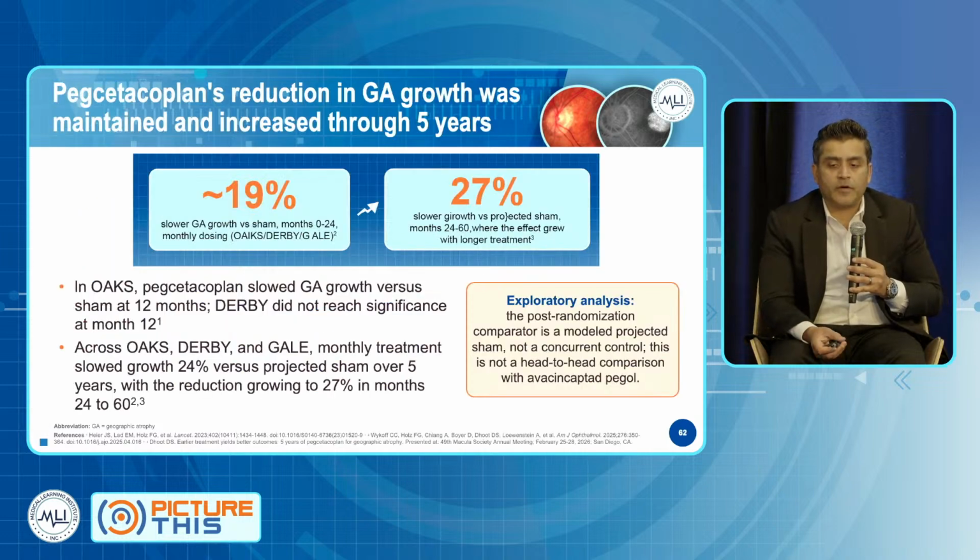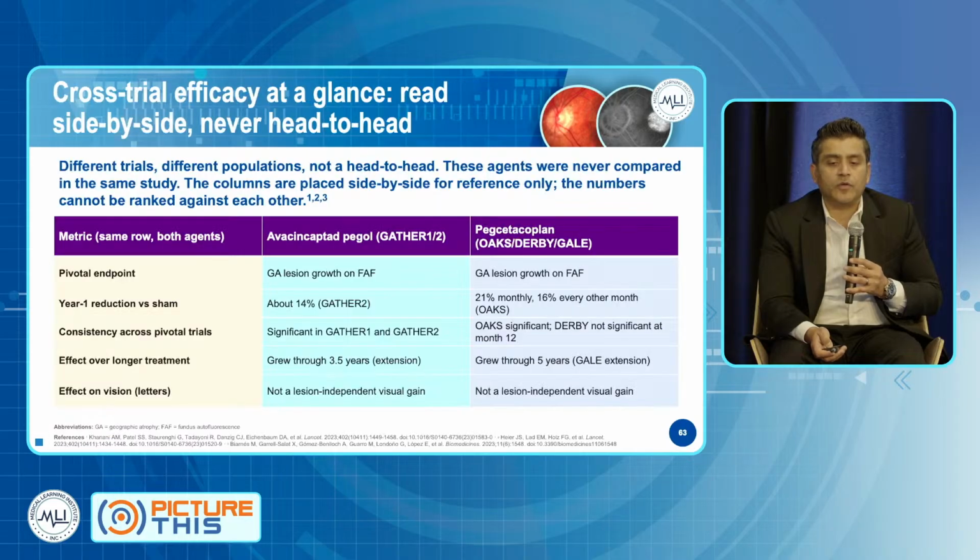So just to summarize, the data from pegcetacoplan over time shows approximately 19% reduction at about 2 years, and then you increase that by an additional 27% from 24 to 60 months. So I think what we see is a treatment effect, as I said, that continues to increase over time.